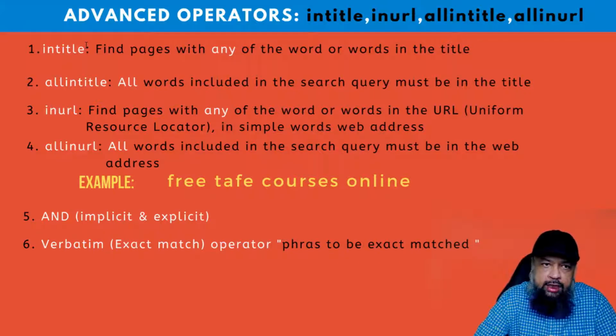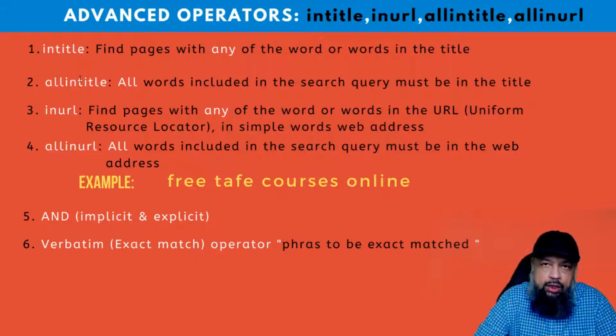I will show you the syntax of intitle in a moment, but if you use intitle, Google will find pages with any of the words present in the title. So if you are using 3 words in your search query, Google will see if any of those words is present in the title of a web page, then Google will present that result.